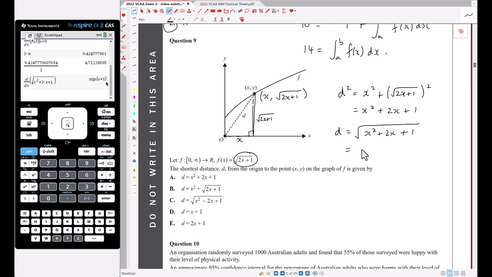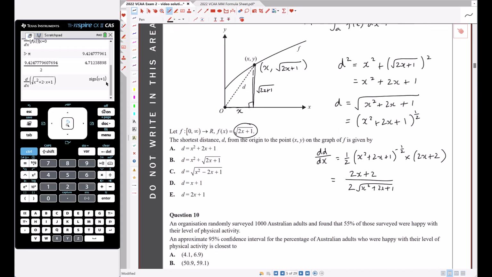So this is x squared plus 2x plus 1 to the power of a half. So therefore the derivative of that is half times all of that to the negative a half, and then times 2x plus 2. And so that is 2x plus 2 over 2 root x squared plus 2x plus 1. So we've got a nice common factor of 2 there. So it's going to be x plus 1 over square root of that.